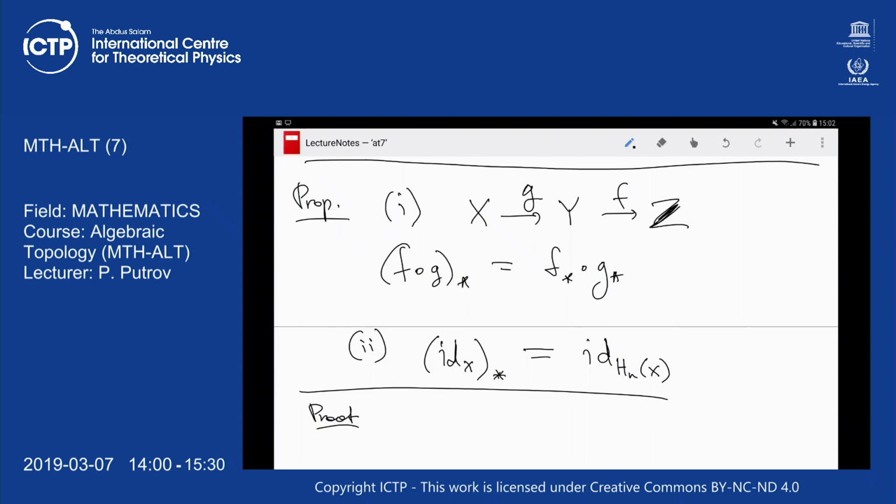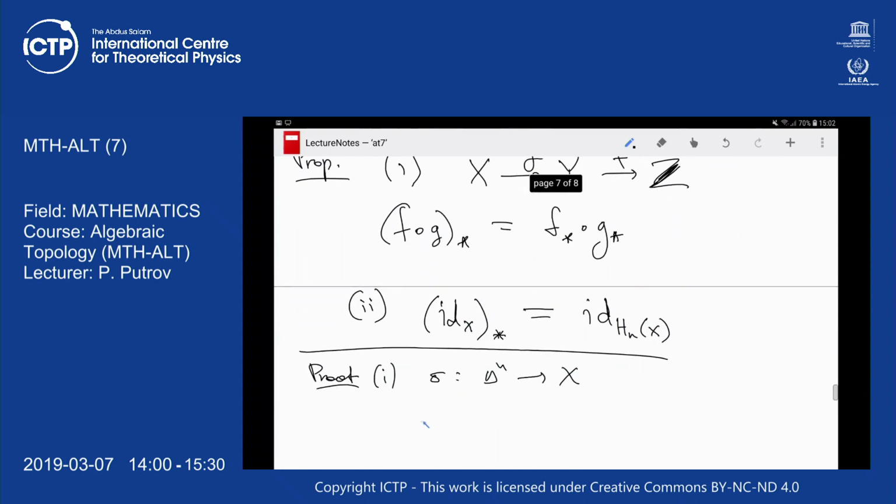Okay, this follows more or less from the definition. This is because if you take some sigma in delta, which is a map from delta n of x, we know that we can first, if you want, do the algebraic composition of this map on sigma.